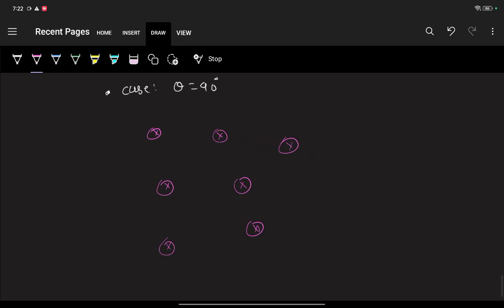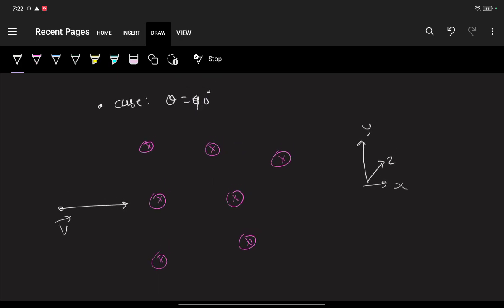And if the charged particle is going in this x direction, this is the y direction, and into the page is the z direction. So the angle between them is 90 degree, one is in the x direction, one is in the z direction. So the force would be maximum, right? Yes or no? Yes, sir.